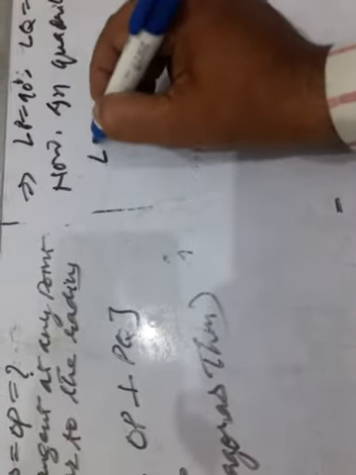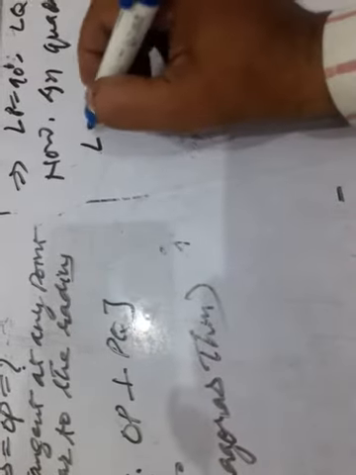Now in quadrilateral OQTP, angle POQ plus angle Q plus angle PTQ plus angle P equal to 360 degree. That is the angle sum property of a quadrilateral.